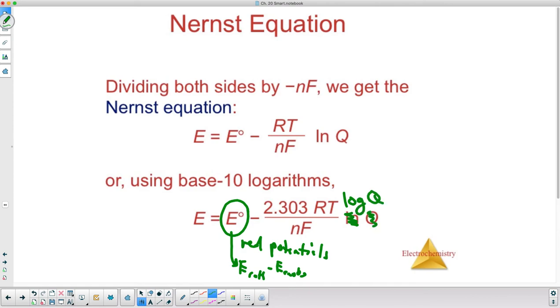Do you remember what Q is? Q is like K. K is products over reactants.